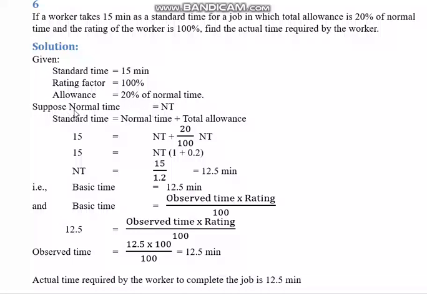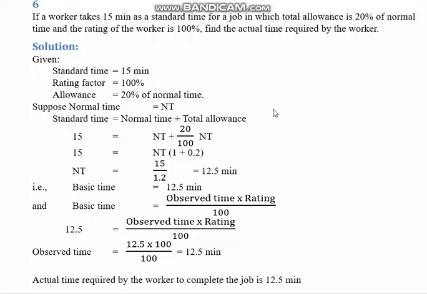Suppose normal time is denoted by NT. We have the formula: standard time is normal time plus total allowance. Here only one allowance is given, which they are calling total allowance. We don't know whether it is relaxation allowance and contingency allowance and some other allowance, or only relaxation, but we need not know, because that is not what is asked.